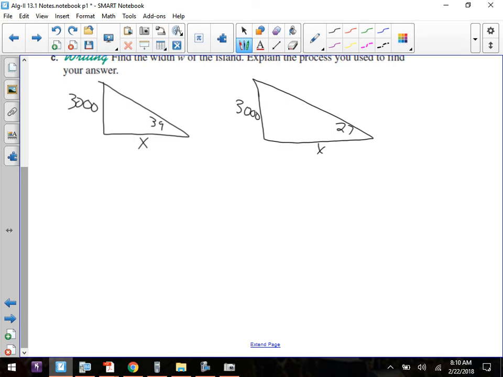I'm getting 3704.69. And I get 5887.83. So I take 5887.83, subtract 3704.69. And I'm getting an overall width of said island.